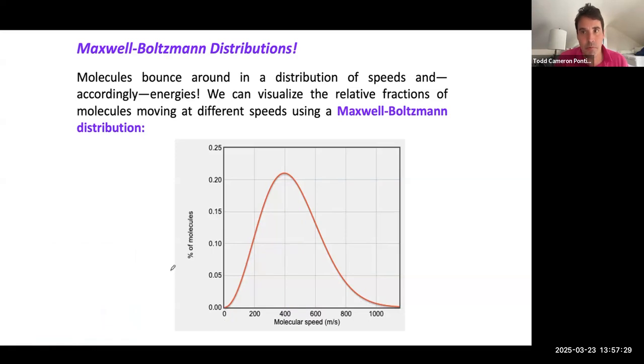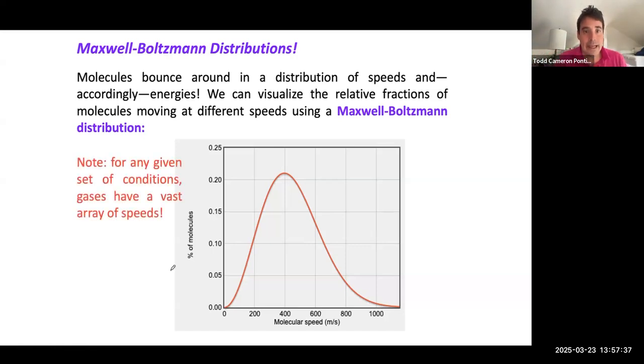Okay, so first thing to know is that not all gases have the same speed, and therefore not all gases have the same energy. For any given set of conditions, there is a vast array of speeds and therefore kinetic energies represented by these molecules.